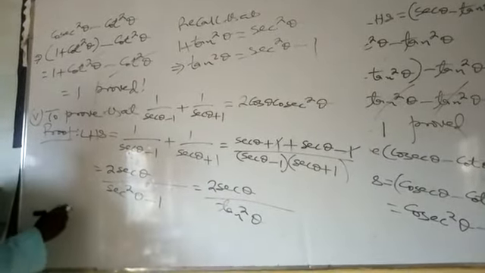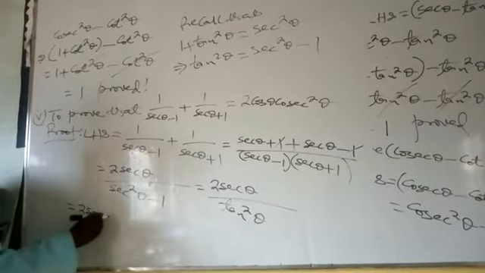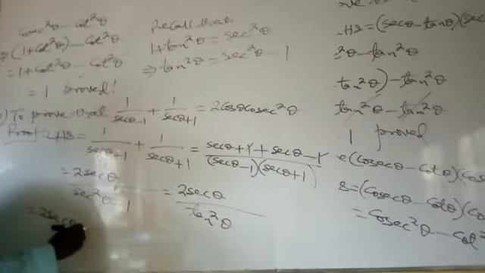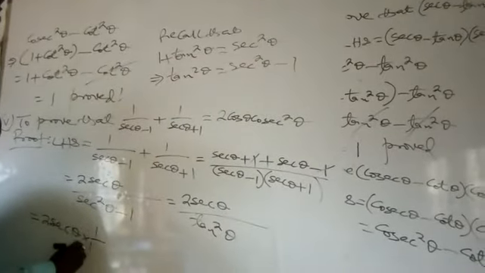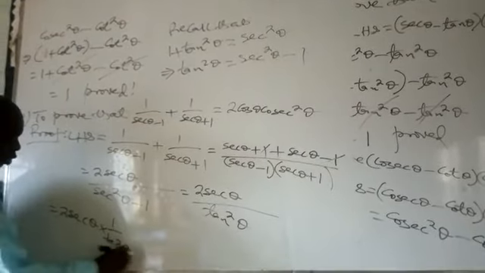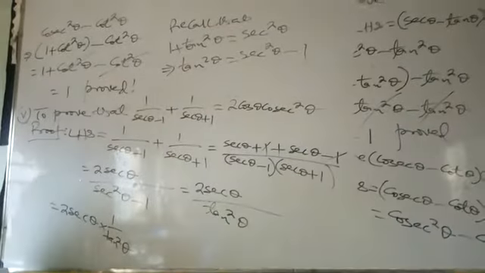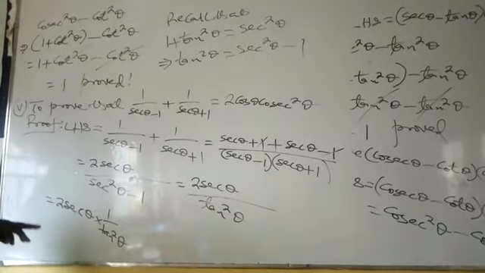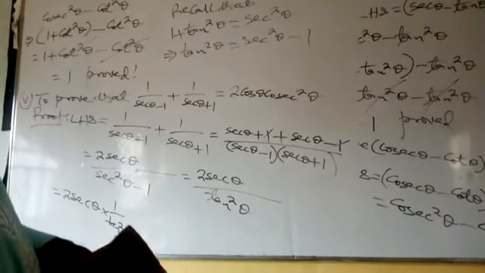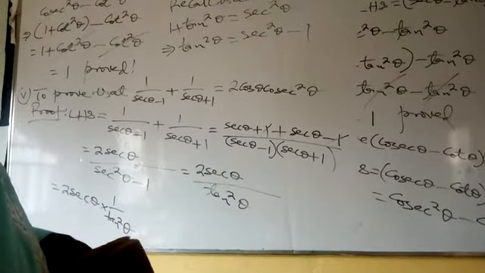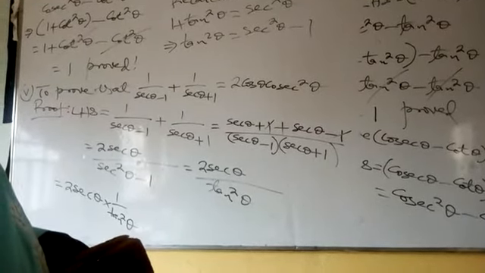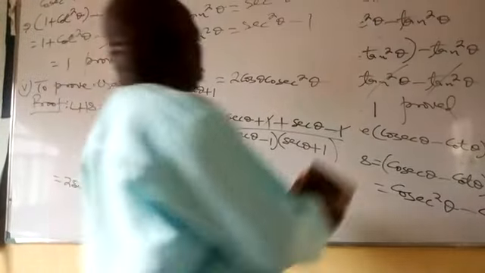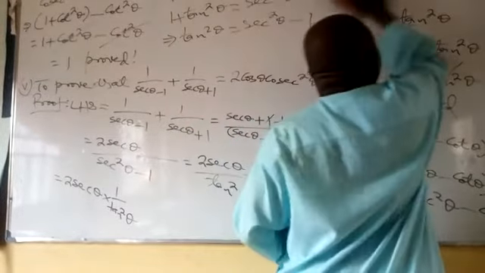So that I am now going to have 2 sec theta times 1 over tan square theta. And then what is sec theta? Sec theta is 1 over cos theta. So now, let me clean this up first.